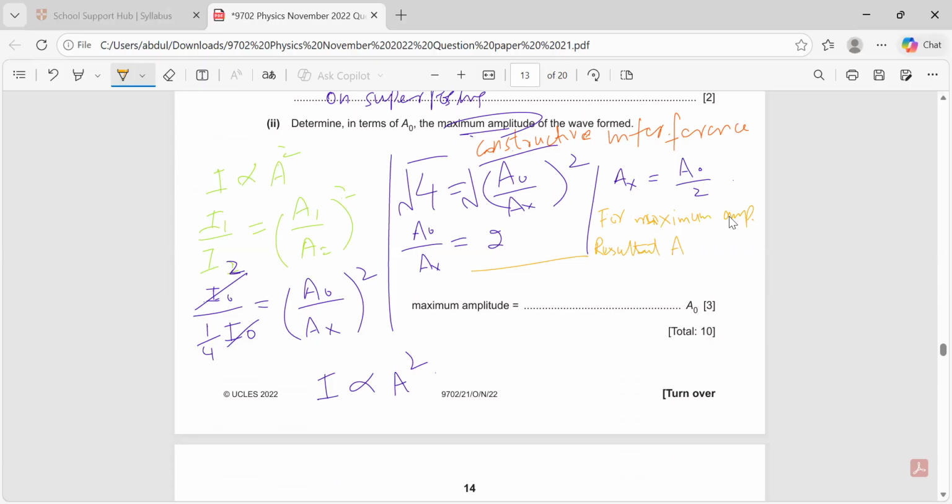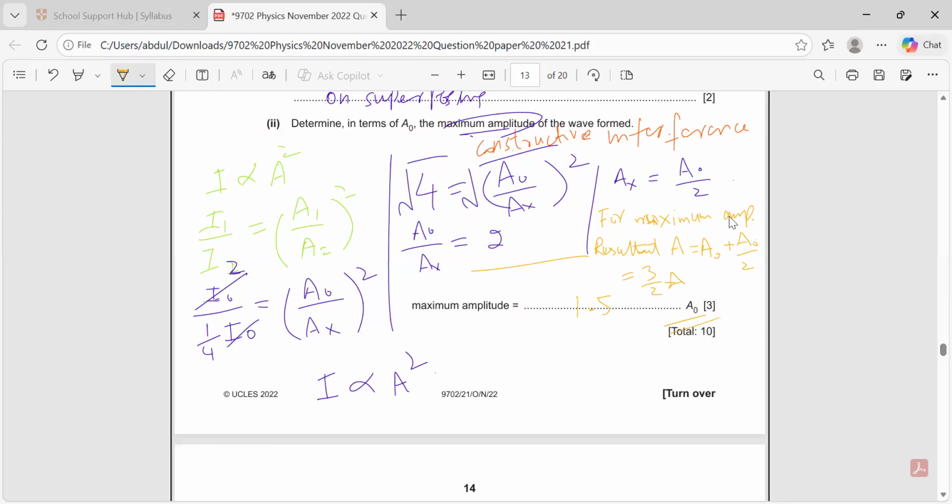Resultant amplitude is equal to A0 plus A0 by 2. So this will be simply equal to 3 by 2 A0. Either you can write 3 by 2 or you can write 1.5.